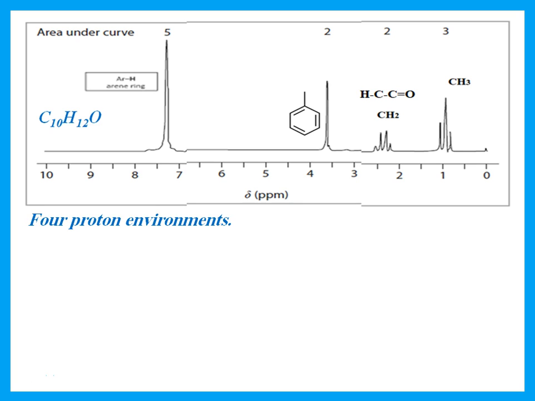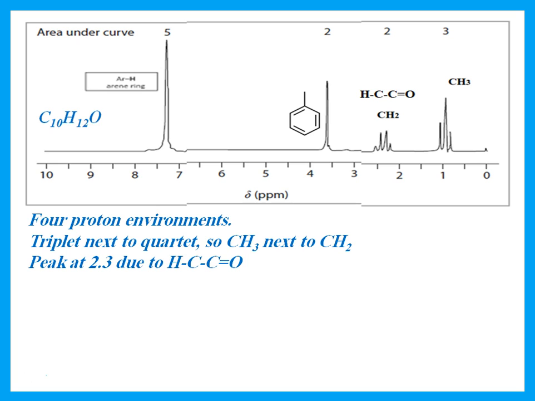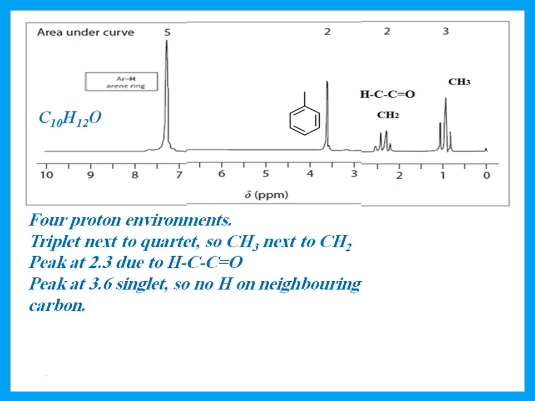First of all, we have 4 proton environments, so 4 different types of hydrogens. The triplet next to a quartet means that I have a CH3 next to a CH2. The peak at 2.3, we said that means there is a carbonyl on the neighboring carbon. The peak at 3.6, this is a singlet, and that means there is no hydrogen on the neighboring carbon.